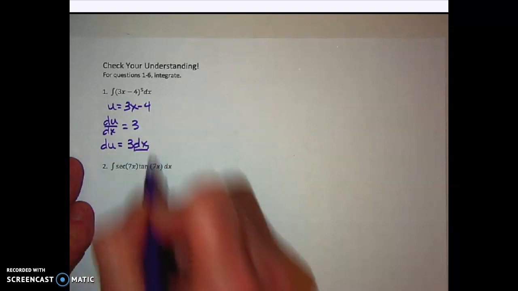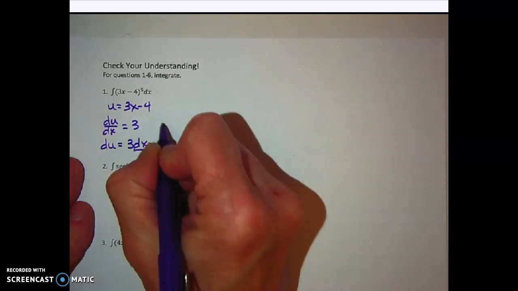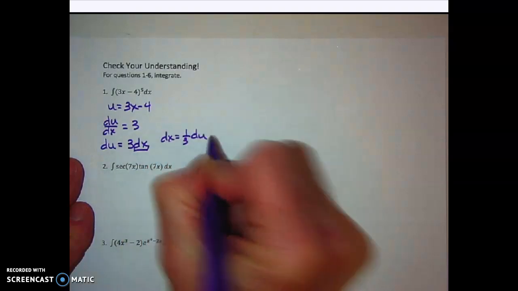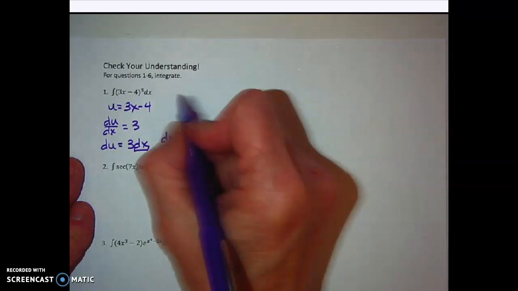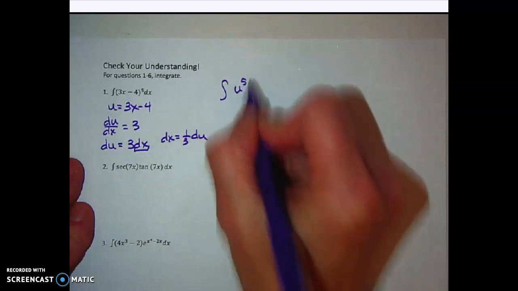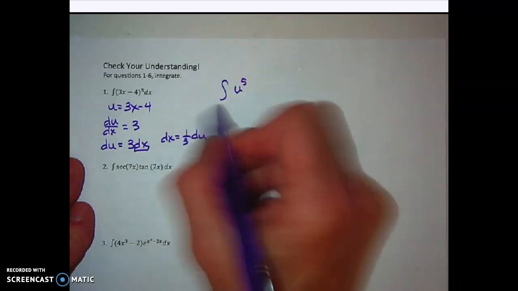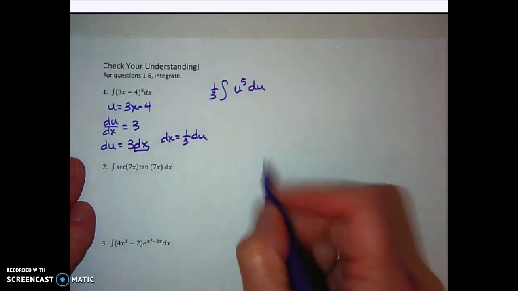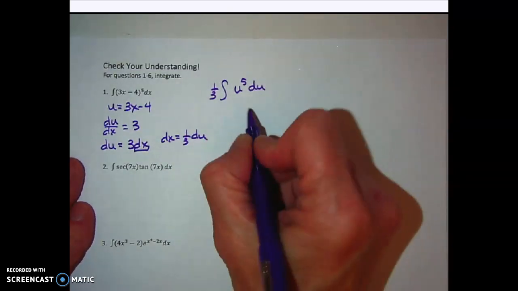Now, I don't have a 3, but remember it's just a constant, so I could write dx is 1/3 du. And now I'm just going to substitute. I have the integral of not 3x minus 4, but rather u to the 5th, and then my dx is 1/3 du.